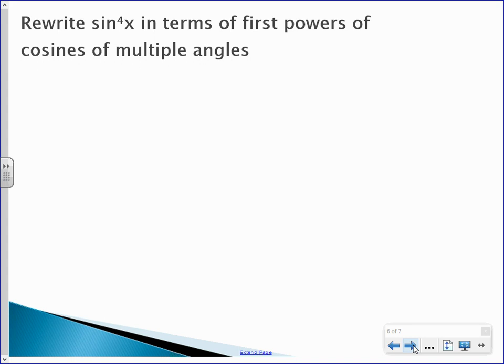Well, this has a power of 4. Our power reducing formulas are written in terms of what power? The second power. And I'm asking for sine to the 4th. So what are we going to have to do with sine to the 4th of x before we can even use the power reducing formulas?